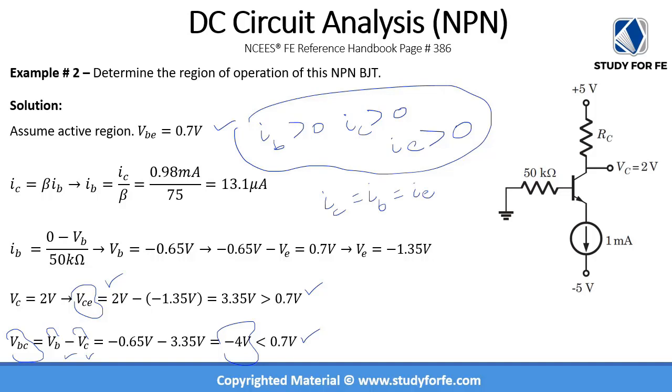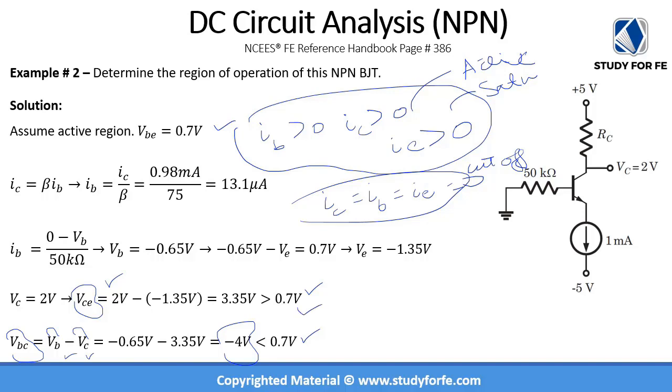So that's one requirement. This is cutoff. Just by looking at the currents, you can tell this could potentially be active, and this could be saturation as well. But now that you've confirmed that your VCE is greater than 0.7 and your VBC is less than 0.7, you can confirm that your mode of operation is actually the active region.